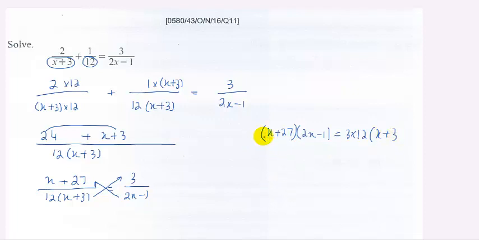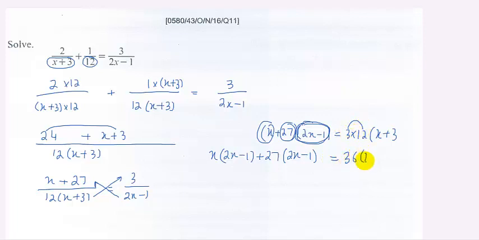Okay, now we expand this. I will multiply this x with this whole factor and plus 27 with this whole factor. And here it is 36 (x plus 3).